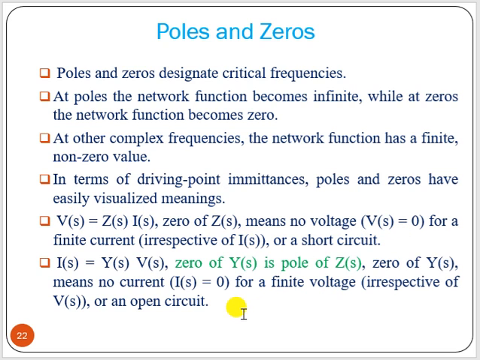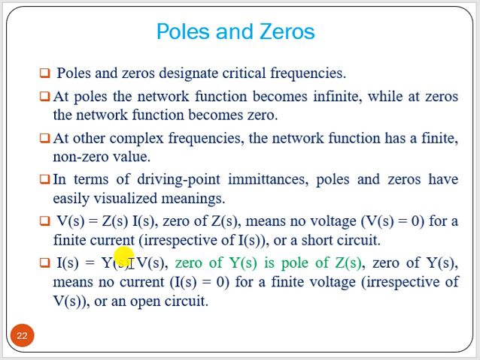Okay, now similarly, Is equal to Ys into Vs. This is for the admittance function. Z equal to 1 by Y, so I equal to Y into V. Now Zs and Ys are reciprocals of each other, so the zeros of Ys are nothing but the poles of Zs.